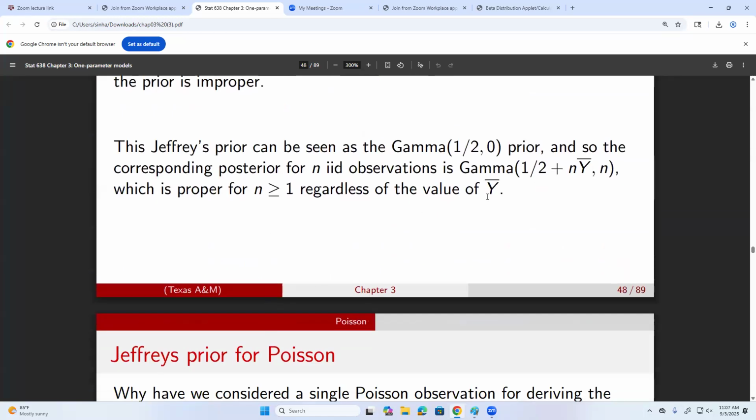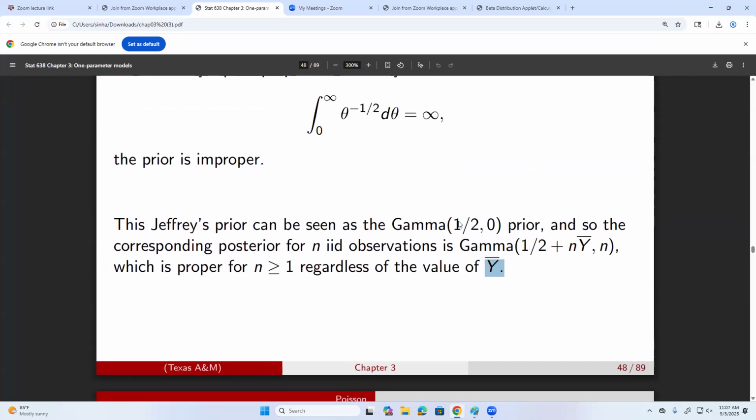You do not have to calculate the posterior density afresh. You can use the existing result. And this density is a proper density as long as n is greater than or equal to 1, regardless of the value of y bar. So what you see is that although the prior was improper, the posterior was proper.